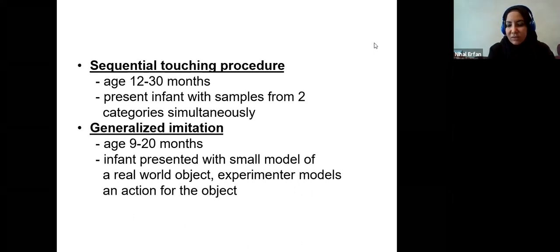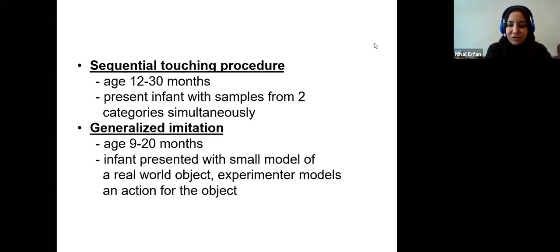The sequential touching is done for children aged 12 to 30 months, so slightly older than the second one. What happens is you present an infant with samples from two categories at the same time. For example, you present them with a cube and a ball at the same time. The variation has to be one, so you can't give them different colors and different shapes.